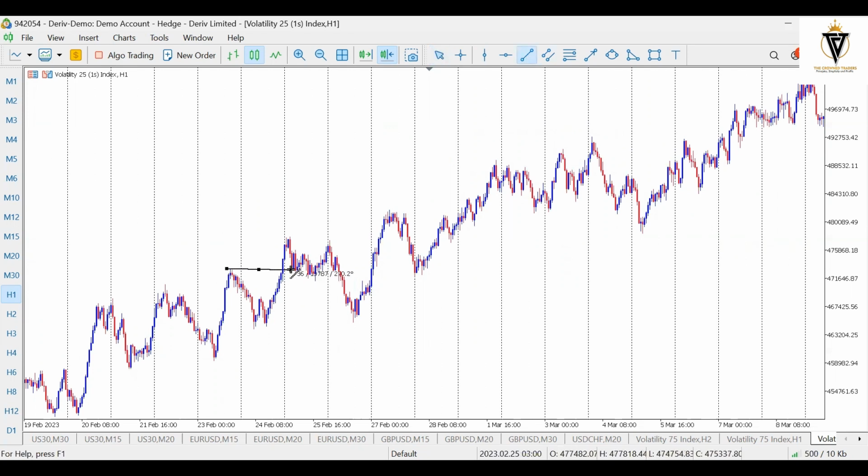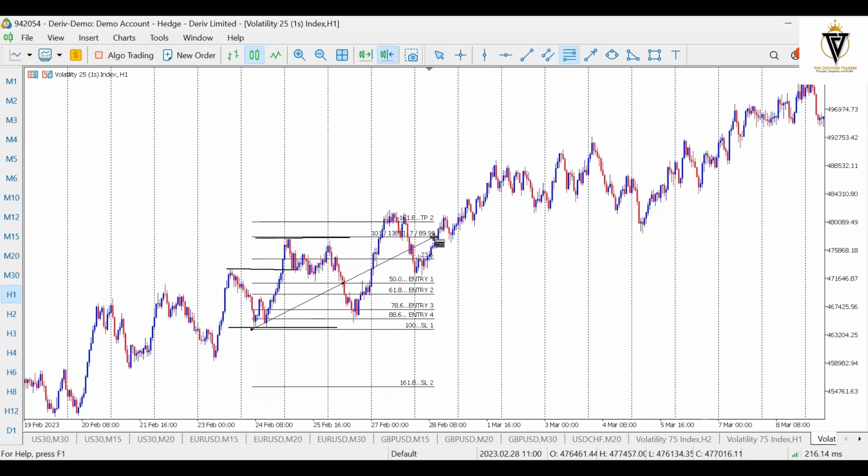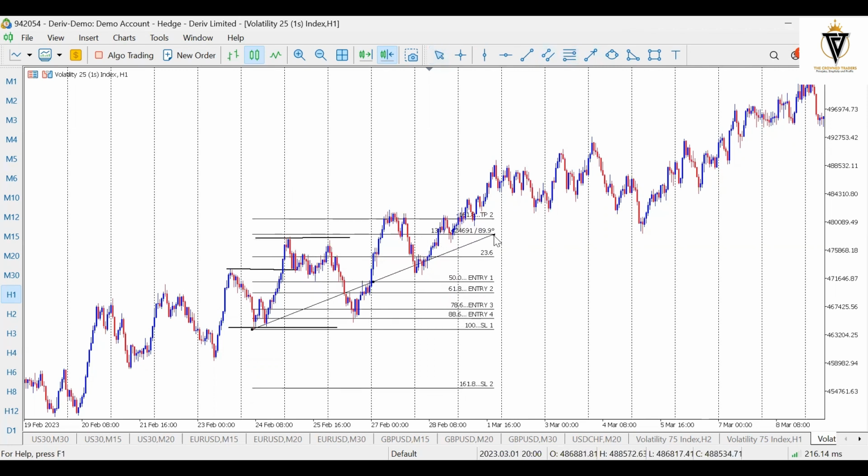So you can see here, we have a break of structure to the upside. So Fibonacci will now come into play. You can see this is our point A, this is our point B. Okay, so just come straight, you drag point A to point B, and you drop. You can decide to extend it to the right-hand side some more.